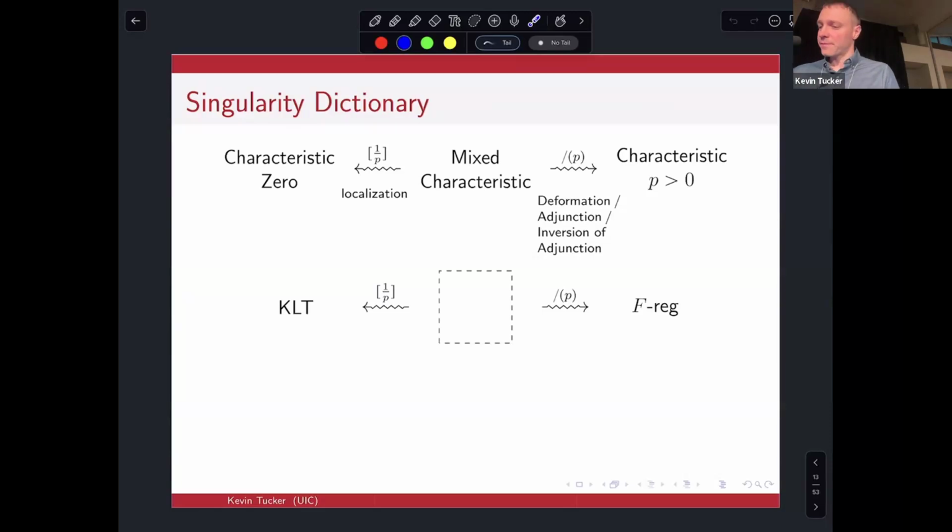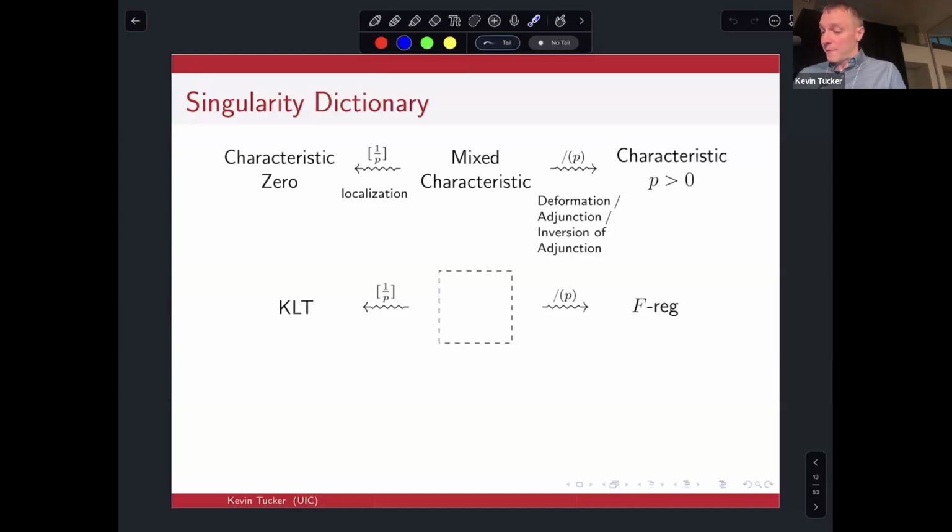Mixed characteristic lives in between characteristic 0 and characteristic p, so I put it in the middle. You get characteristic p by going modulo p, and you can get back to characteristic 0 by inverting p. Whatever we do with our dictionary should be compatible with both of those transitions in some way. Again, for this talk, I want to focus on KLT and F-regular, these strong classes of singularities. We already know these correspond by reduction.